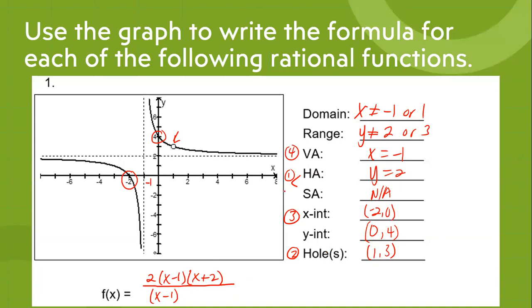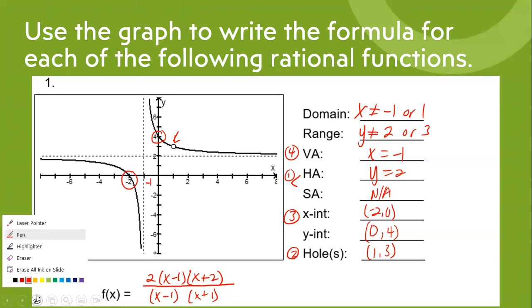Okay? Your vertical asymptote is at x equals -1. That goes in the denominator. At what factor would make x equal to -1? X plus 1. This is the factored form of your rational. Okay? It is the factored form because I haven't distributed and multiplied.